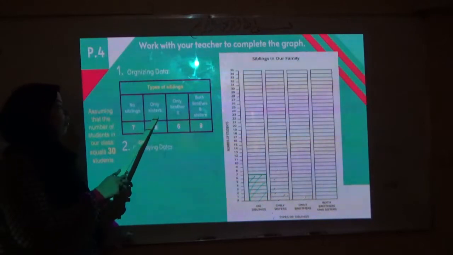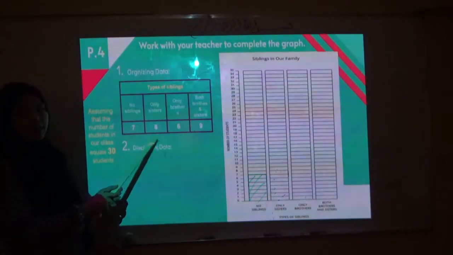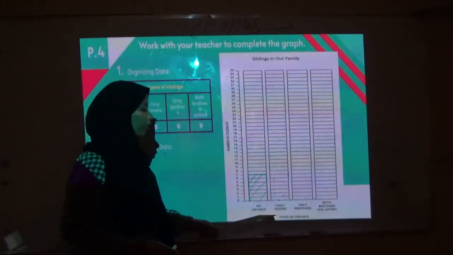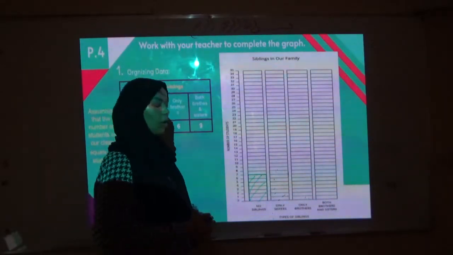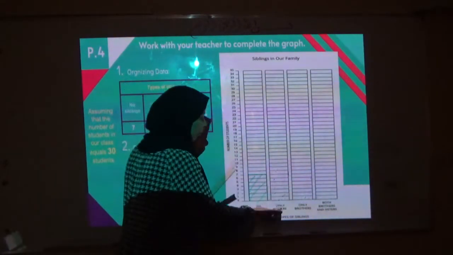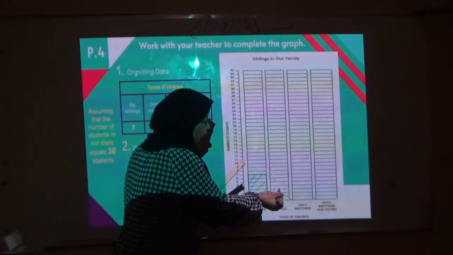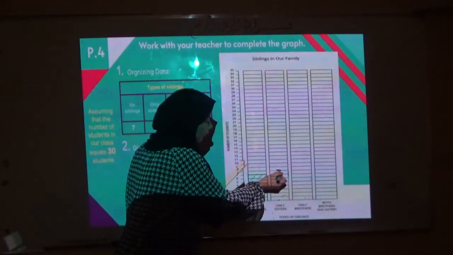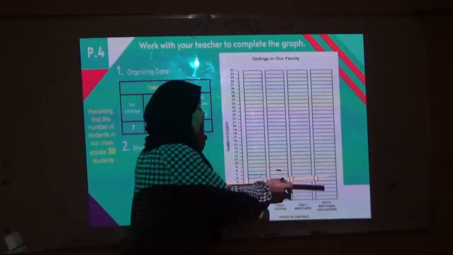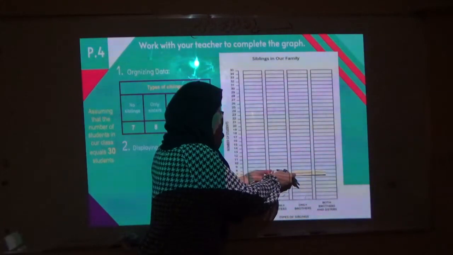The second one is only sisters. Here I have 8 students, so I will go to only sisters, and I will start to count again from 0 up to 8. So this is 0, 1, 2, 3, 4, 5, 6, 7, and 8. I will put my mark for myself, and I will use my ruler.